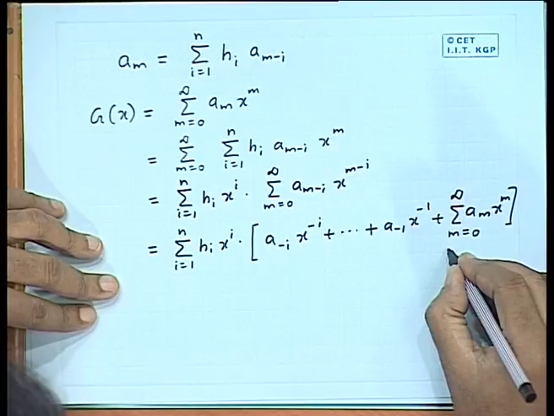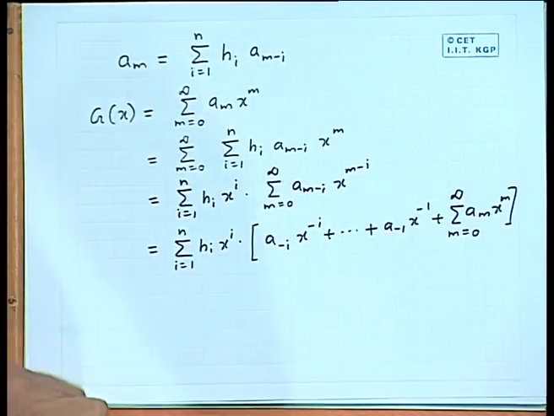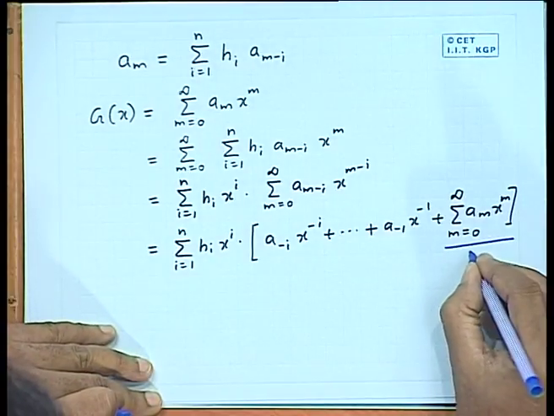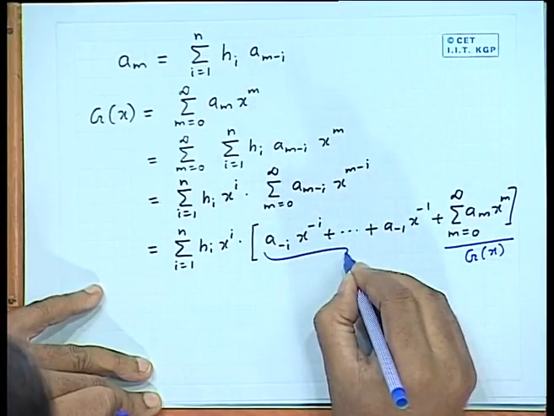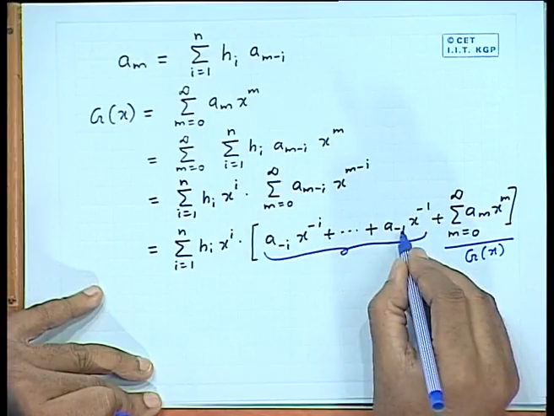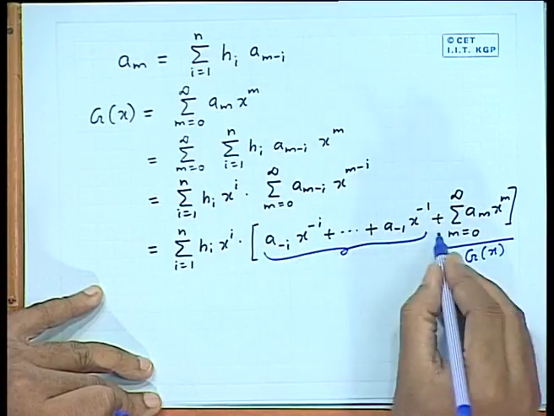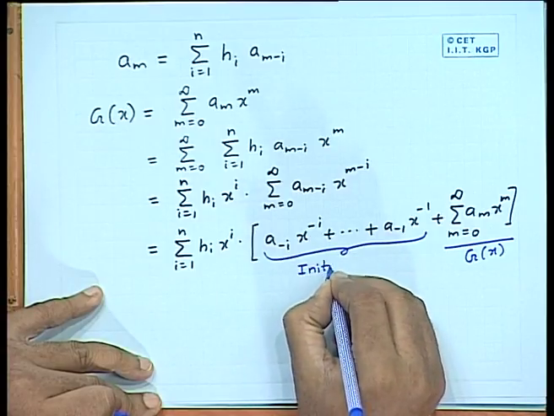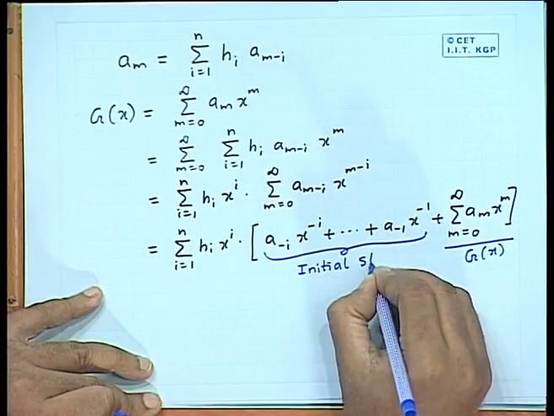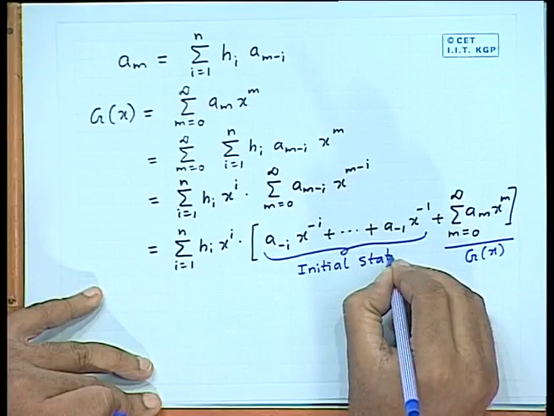Now, this is nothing but g x, and this term, this a minus 1 to a minus I, this is nothing but the initial state of the LFSR, the initial value which was loaded.